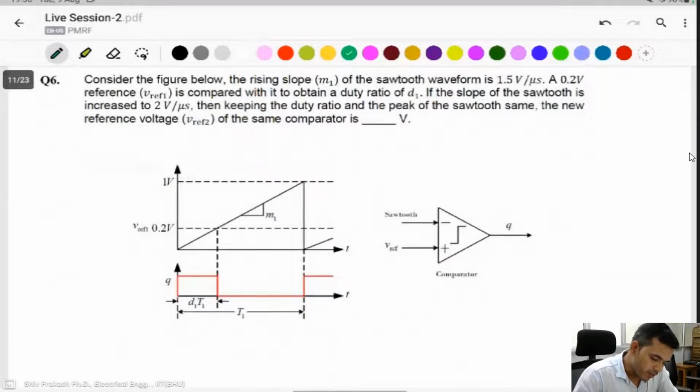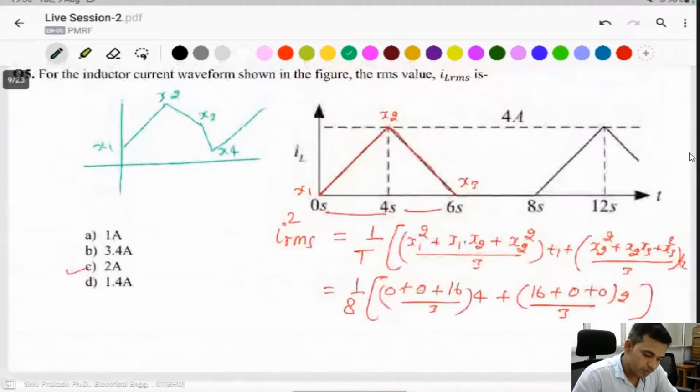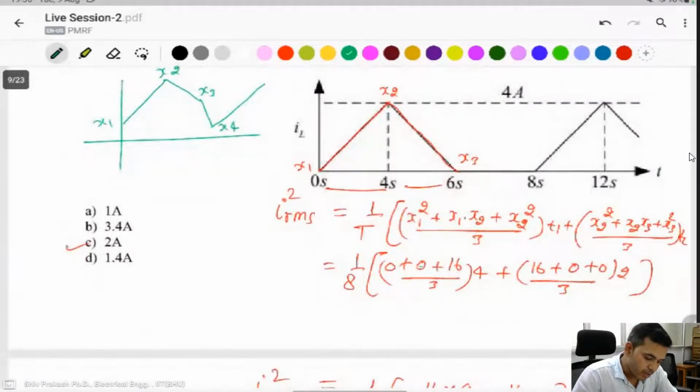Consider the figure below. The rising slope m1 of the sawtooth waveform. Because this one was discontinuous, that's why I asked. Discontinuous means you can find the RMS only where the wave is present, so you can apply this only for the RMS value.